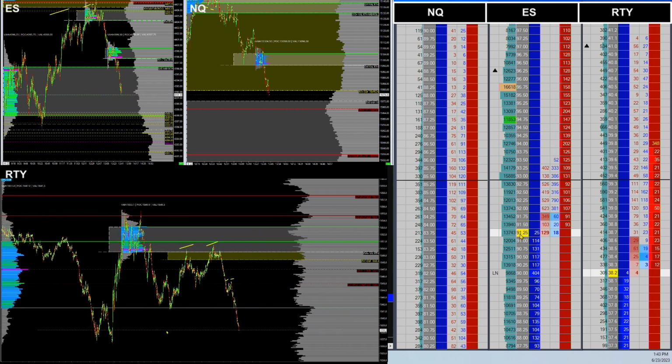I don't want to do a sustained short here. I'm not interested in any of that. These markets are not where I need them to be.